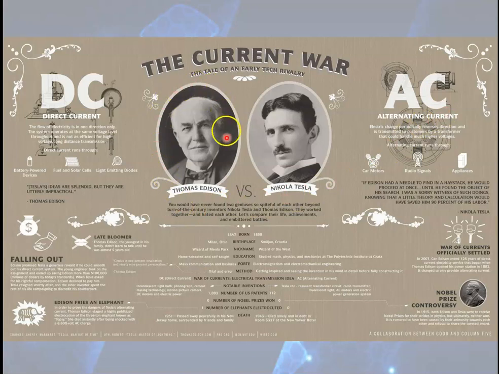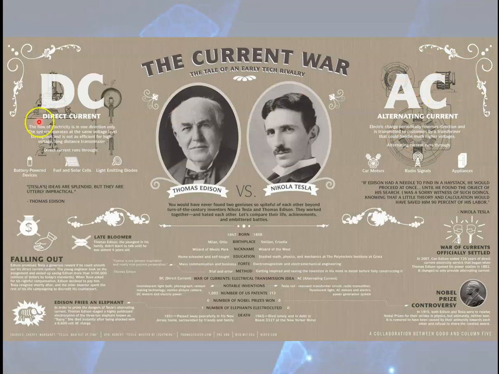So this is Thomas Edison, he is the founder of direct current, and this is Nikola Tesla, a French physicist, the founder of alternating current. I think it is better if we understand the difference between DC and AC.